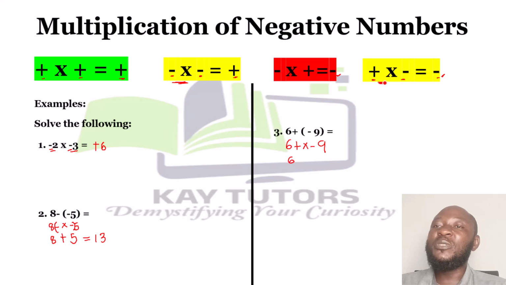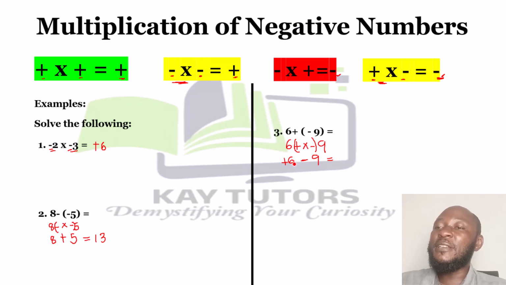Remember, if I am multiplying different signs, automatically my sign changes to negative. So plus times minus, I'll get minus 9. Now 6 minus 9, and don't forget that the 6 is automatically plus because it is not carrying a positive or a negative sign.